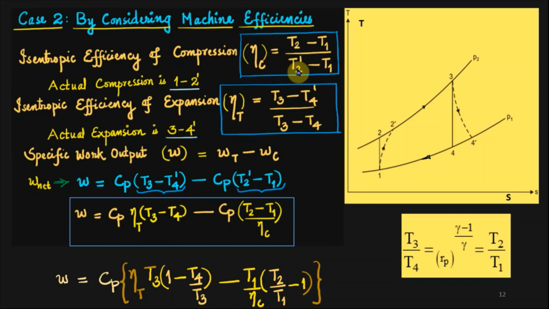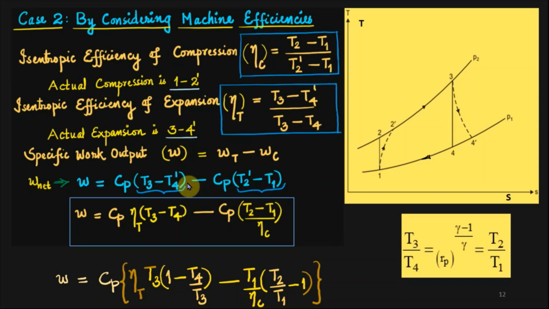Now you can replace this T2 dash minus T1 by T2 minus T1 divided by isentropic efficiency of compression, that is T2 dash minus T1 is equal to T2 minus T1 divided by eta C, and also T3 minus T4 dash dealing with the actual expansion process, the temperature difference, that can be now replaced in terms of the isentropic efficiency of expansion and the isentropic expansion temperature difference T3 minus T4.